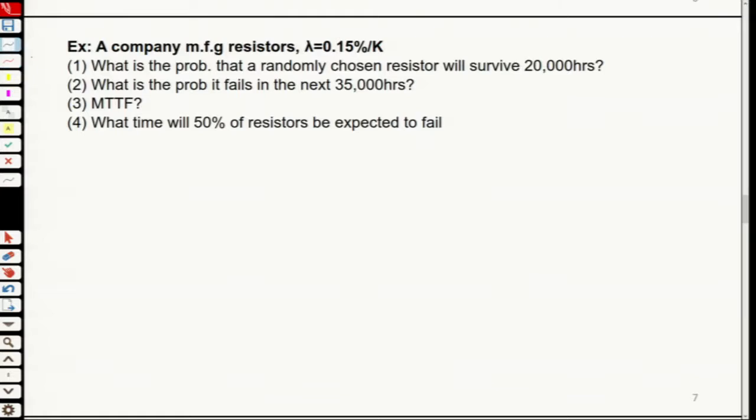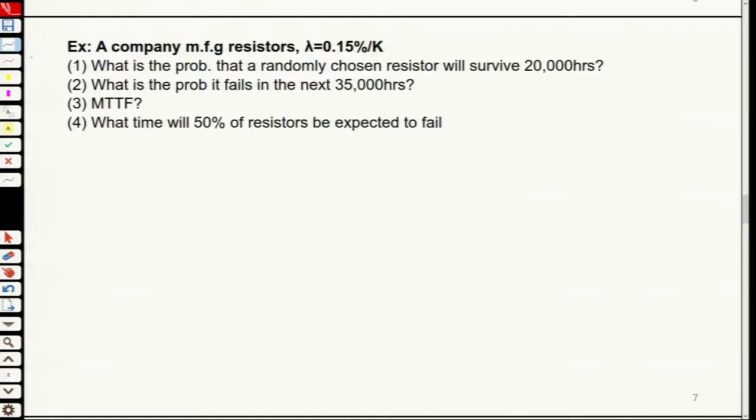Now let's first have a look at this example. A company manufactures resistors, and the lambda equals 0.15% per K. So what is this special unit that people use in reliability?